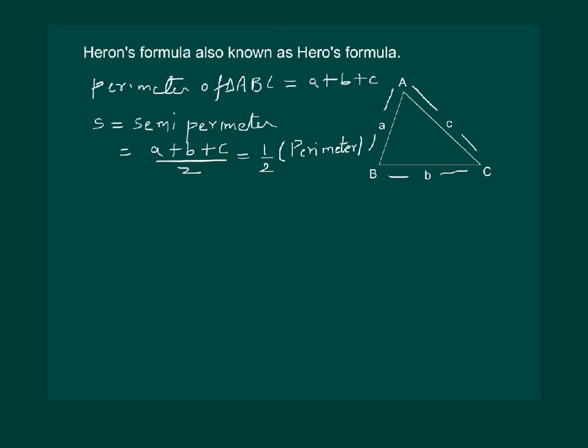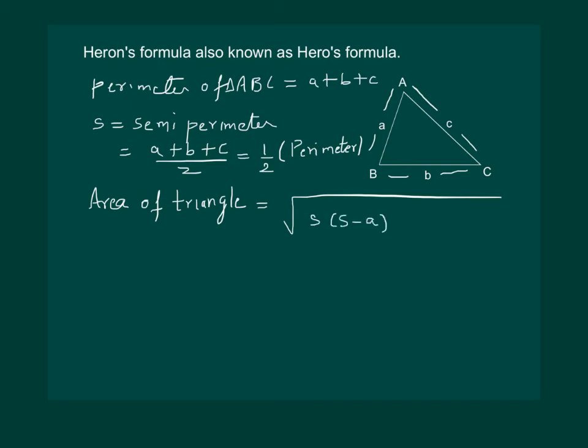Once we calculate semi-perimeter, then the area of the triangle is given by under root of s into s minus a into s minus b into s minus c, where a, b and c are the lengths of the sides of the required triangle.